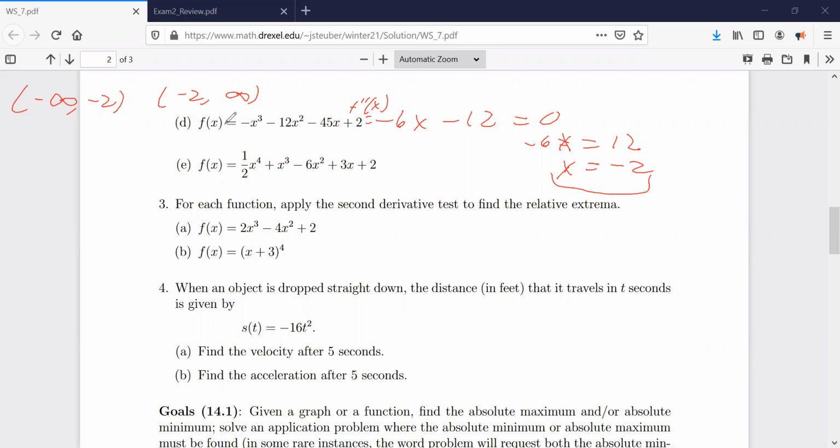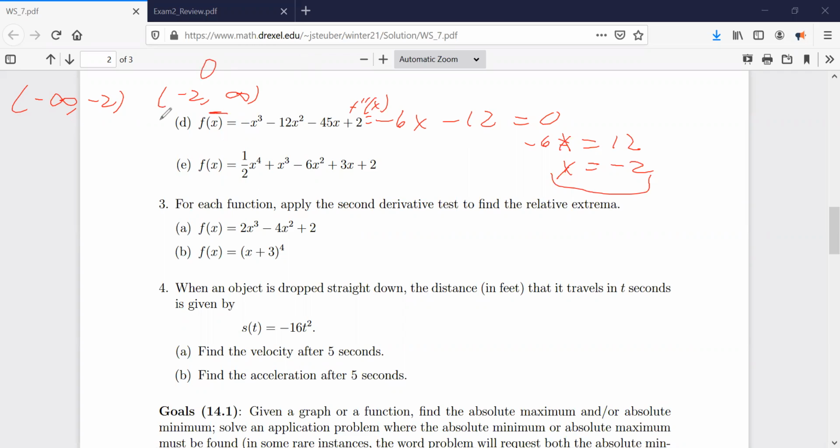What is kind of the standard go-to test point if it's possible? Yeah, thank you, Parker. So I'm going to plug in 0 for this guy, and if I plug in 0, I get -12. So that tells me that this range is concave down, it's negative.